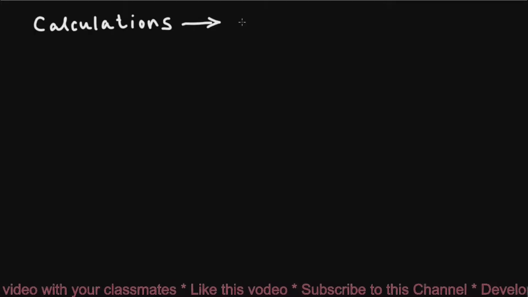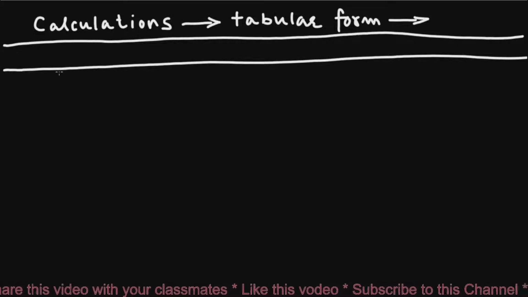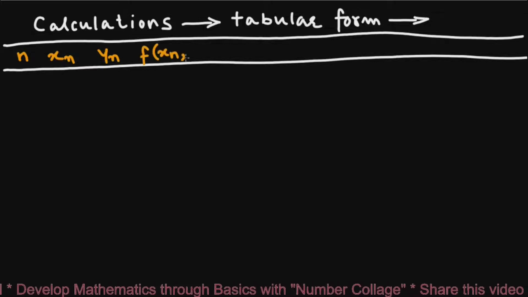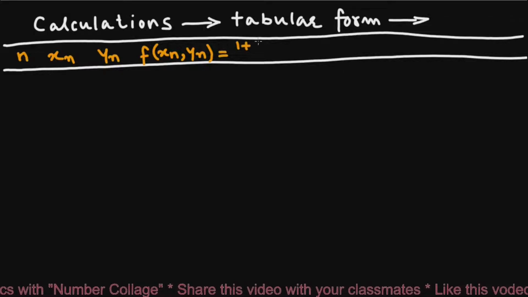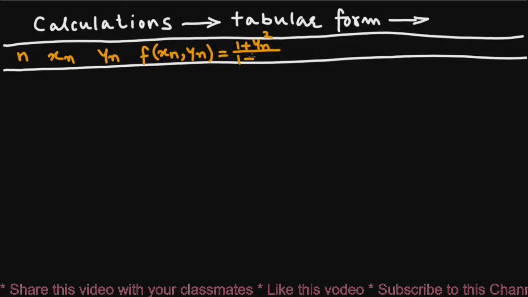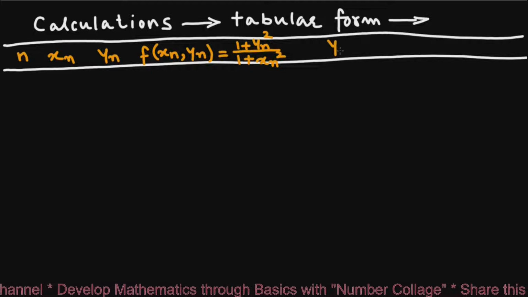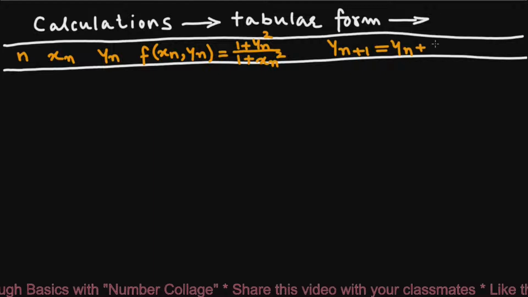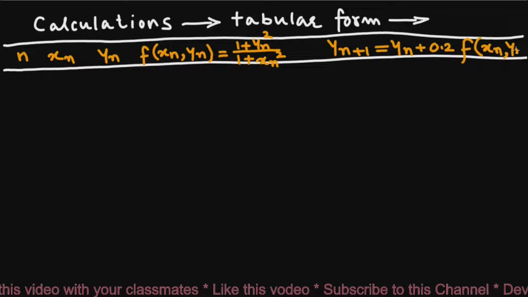These calculations can be conveniently carried out in a tabular form as follows. We will make columns of n, then xn, yn, then f of xn comma yn, which is given as 1 plus yn square upon 1 plus xn square, and finally we will write Euler's formula y n plus 1 equals yn plus h, which is 0.2 times f of xn comma yn.